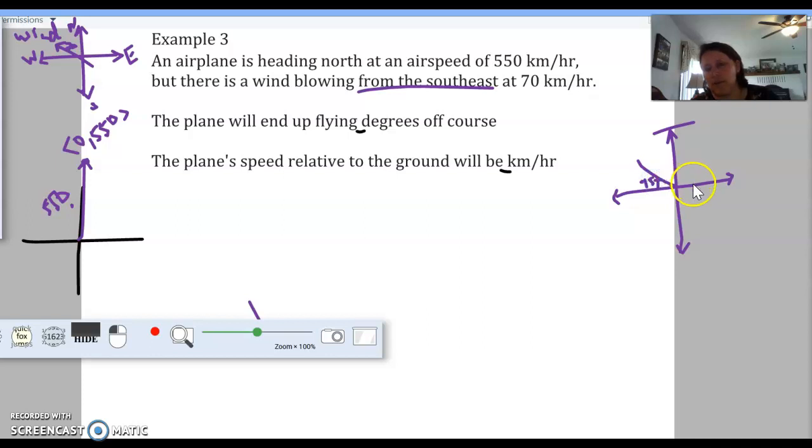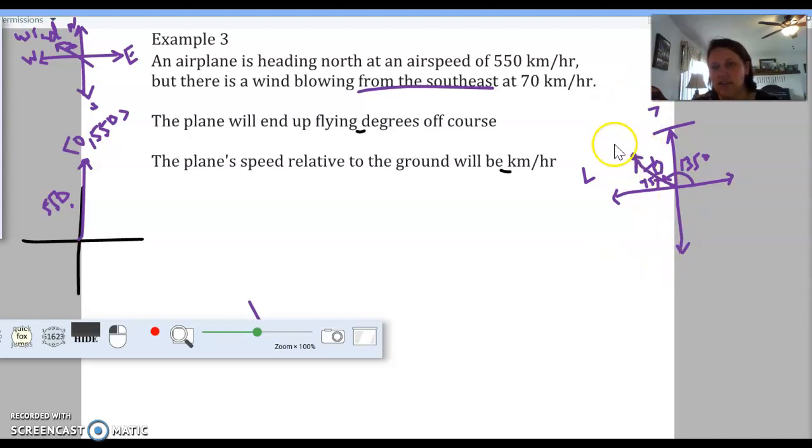Or if we come from this direction over here, that's going to be at 135. So that's going to be what we're using for our theta. And it has a magnitude of 70. All right, so I want to know the component form of this vector over here. Now this is just looking at the wind. This is not how the wind impacts the airplane right now.